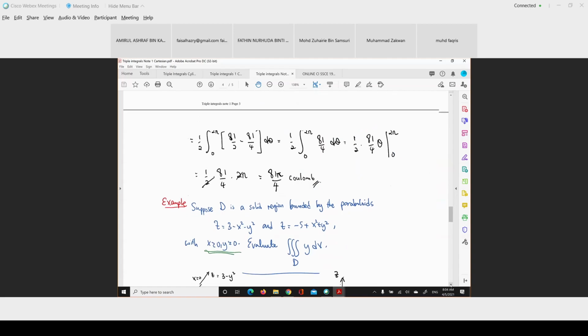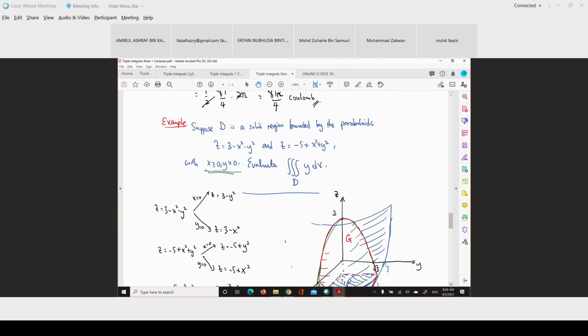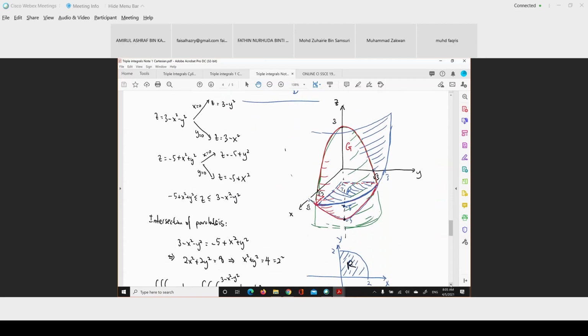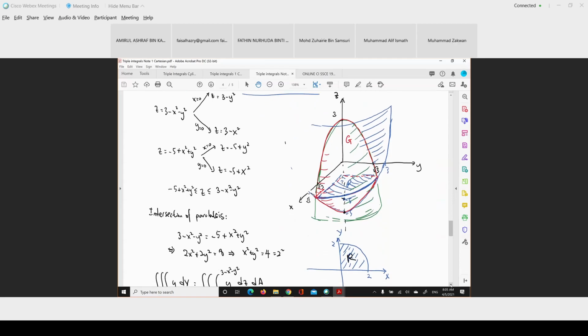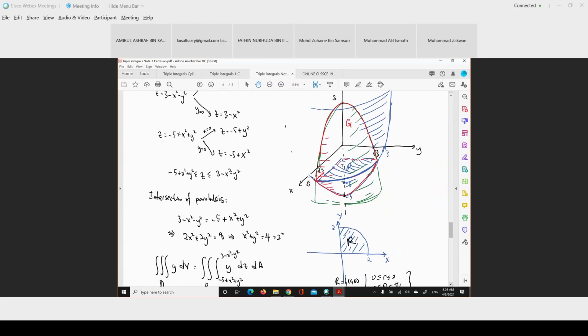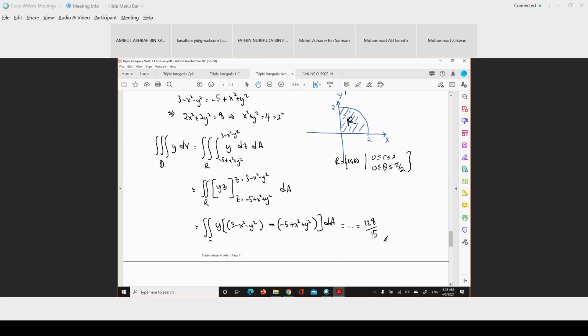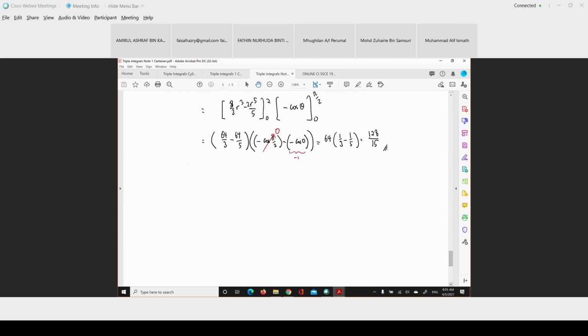In another example, given a solid D, we want to evaluate the given triple integral. Again, a sketch is useful to help us determine correctly the region and the bounds of the variables. So that's what we discussed last Wednesday.